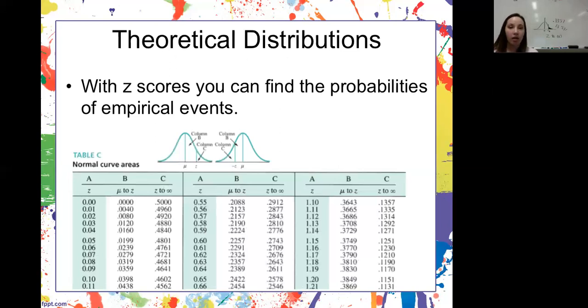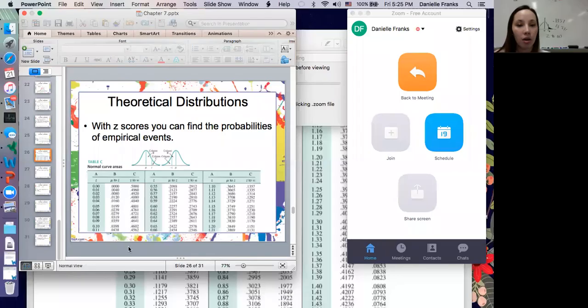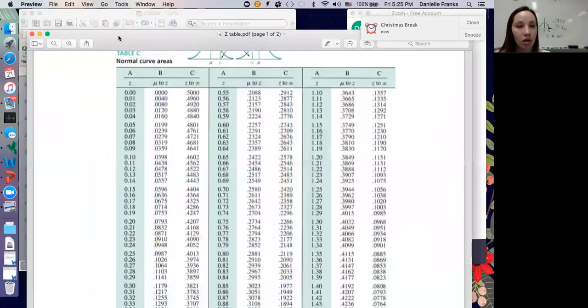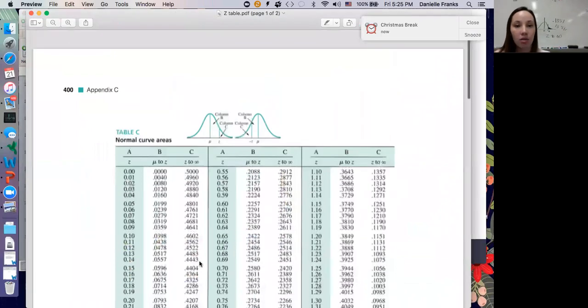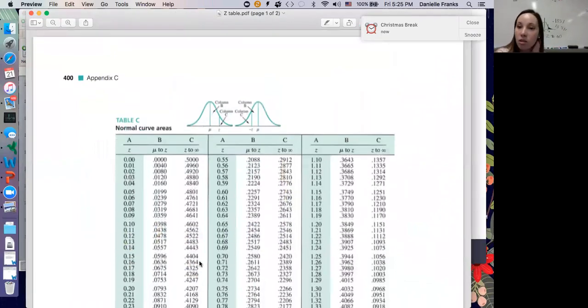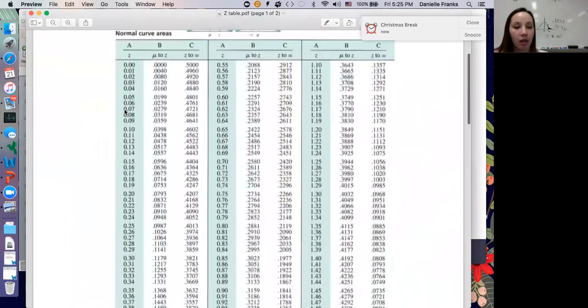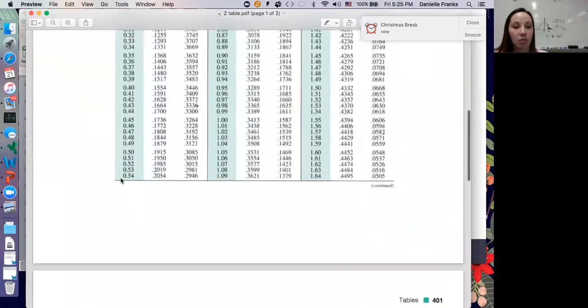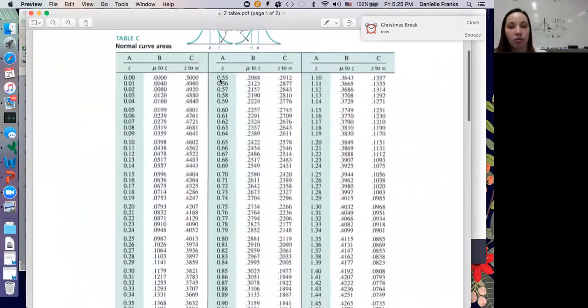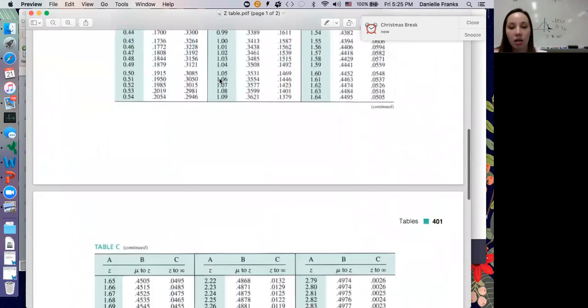So let me go ahead and pull up a full example of our z table. This is the z table that I have posted on Moodle. It's also in the back of your textbook. This is what it looks like. When we go down this column, we see that it goes to 0.54, and then it continues to 0.55, and so on. It's 2 pages.